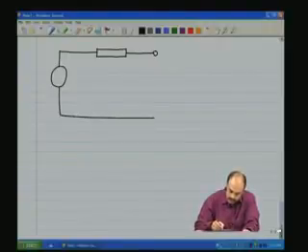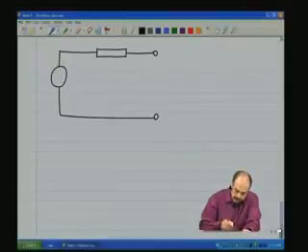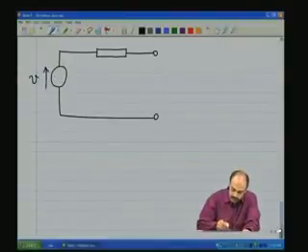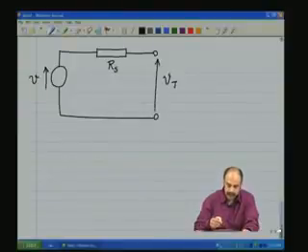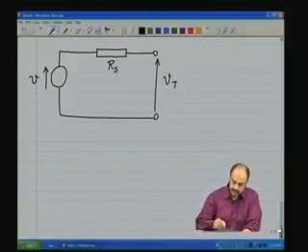Let us construct this source, which is comprising of an ideal source V with the non-ideality of series resistance Rs, and there is the terminal voltage resulting due to connection to the external circuit.